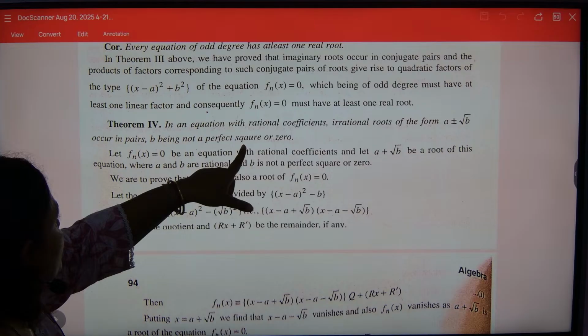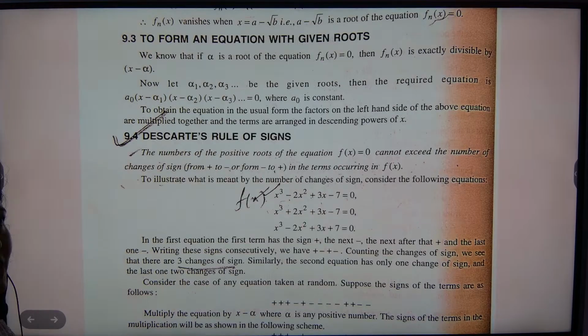Next, this theory is very important in theory of equation, the Descartes rule of sign: how many positive roots, how many negative roots, how many complex roots. So this is the rule. Nothing much is written here, just the theory. You only need to know it.